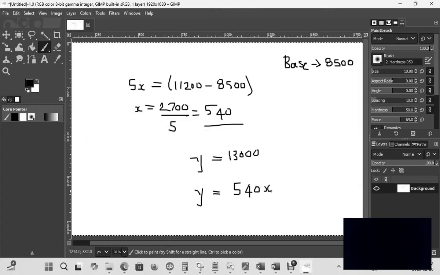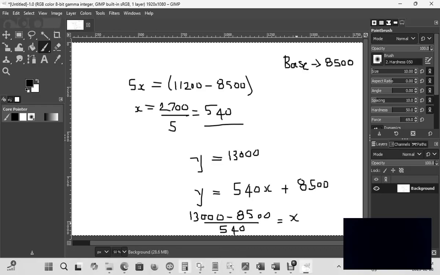This is an increase in the number of students plus what you started off with. So we know that y equals 13,000. We'll sub in 13,000 for y, and we'll need to isolate x to figure out its value. So we know that 13,000 minus 8,500 divided by 540 will give you x.